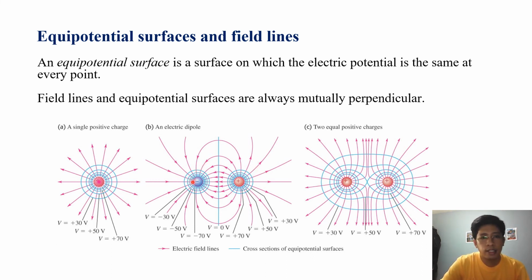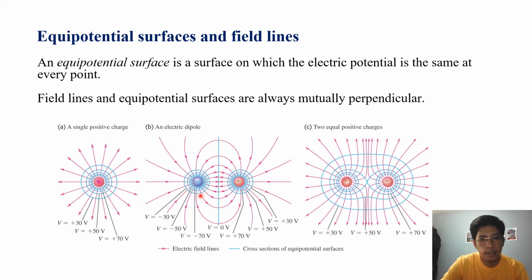This is the electric field lines and equipotential surface for your dipoles. So you still have the circles. And for your negative charge, as you move deeper, you have a potential which has a negative value. So the outside surface has negative 30 volts, and as you move deeper, it becomes more negative.